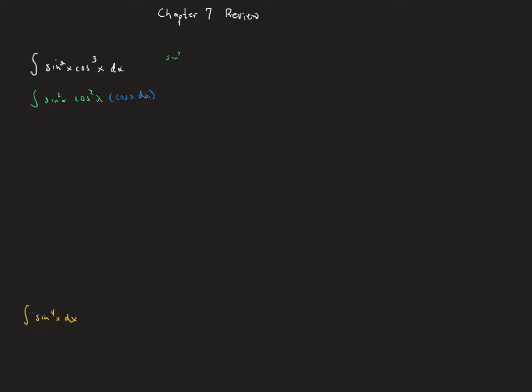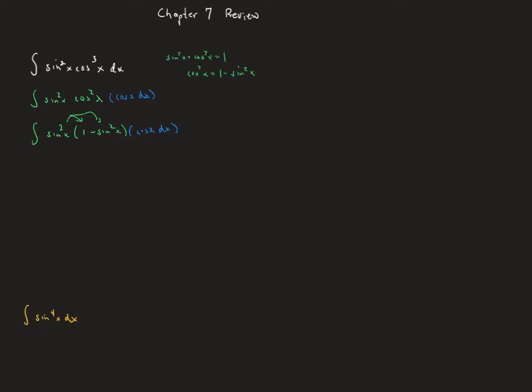From our favorite identity, sine squared plus cosine squared equals 1, we know that we can trade in our cosine squared for 1 minus sine squared, which is what we're going to do here. And then we'll still save out this cosine to use as our du, and we'll distribute that.